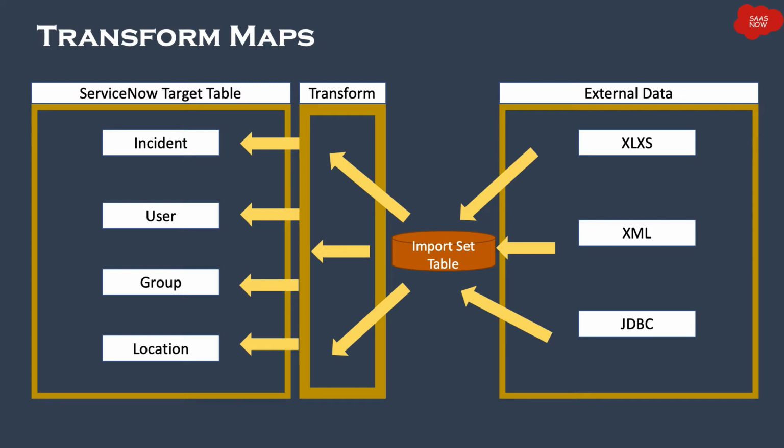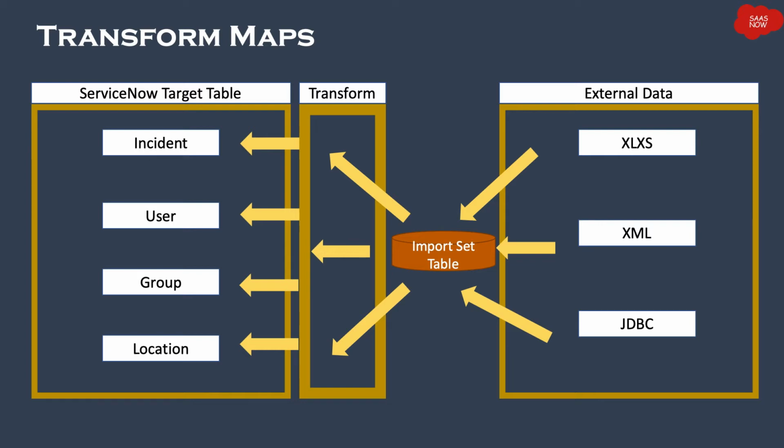So once you have done the mapping, that means you have field 1, field 2, field 3. In an incident table, you have caller, for example, short description, or maybe description. In the transform map, you have to map, because ServiceNow doesn't know which field is for short description, which field is for description, which field is for caller.